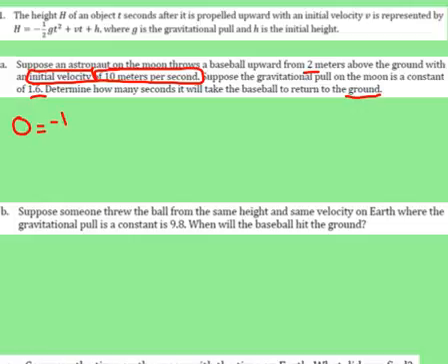That is going to equal negative 1/2 g. It says the gravitational pull on the moon is a constant of 1.6, so I'm going to plug 1.6 in, times t squared, plus the initial velocity of 10t, plus 2 meters above the ground.